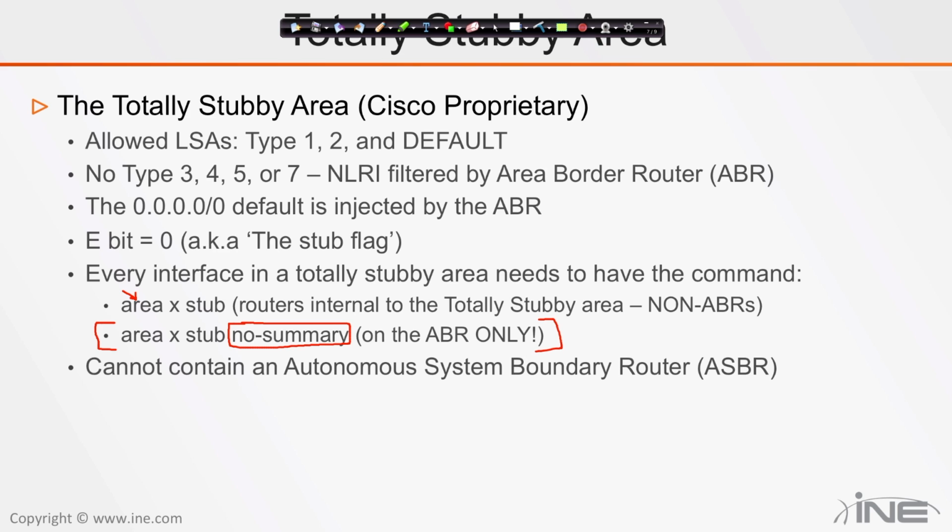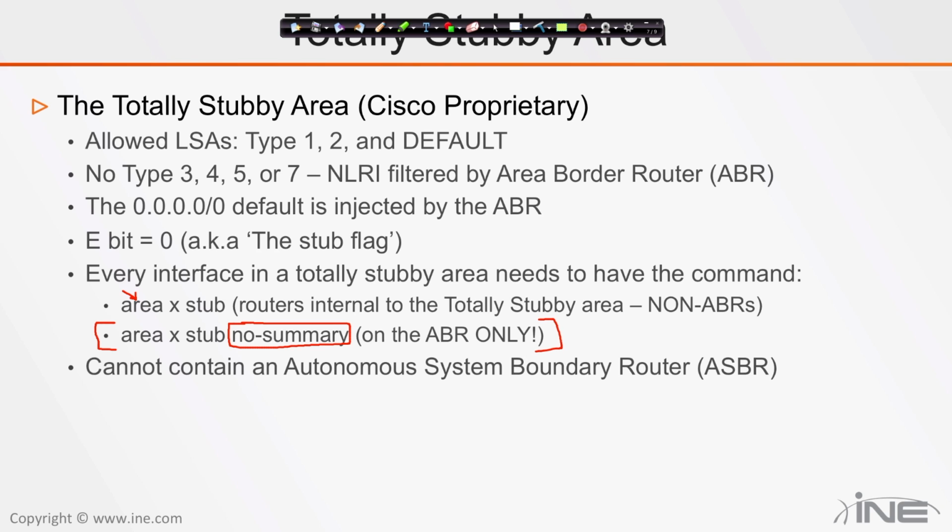In other words, I could say area 127 stub no summary on all of the routers in area 127 that are in that totally stubby area, but it doesn't do anything special on internal, or we'll call them leaf routers, right?